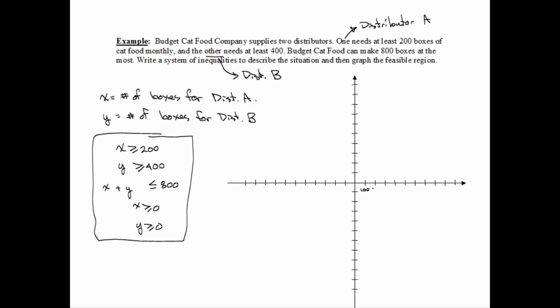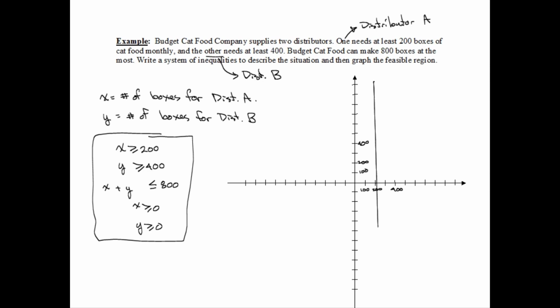Let's do 1 tick mark for 100 boxes. So 100, 200, 400, etc. Here 100, 200, 400, etc. X greater than or equal to 200. So what does that mean? If x is greater than or equal to 200, so here's the line x equals 200.